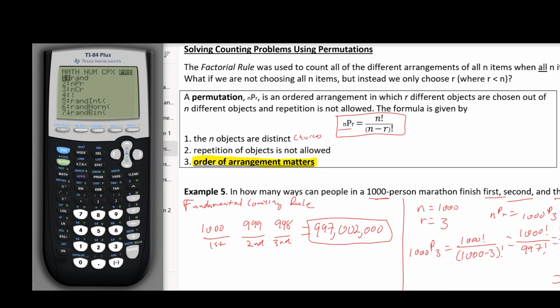And you see there's nPr, there's also that factorial symbol, there's also nCr, which we're going to talk about soon. nPr. And then what it wants now is the r. In our case, the r was a 3. And if you just press enter, then you get that number.